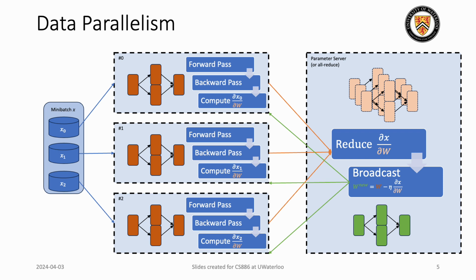The good thing about this is that you get immediately, so for these three GPUs, you get 3x extra throughput, and there is no design that you need to do.